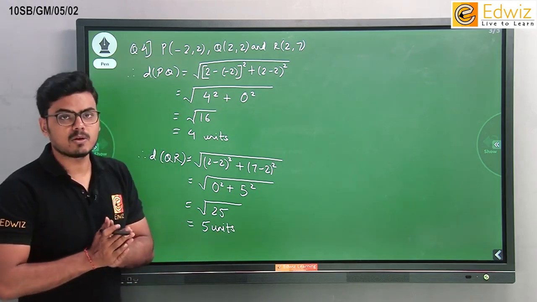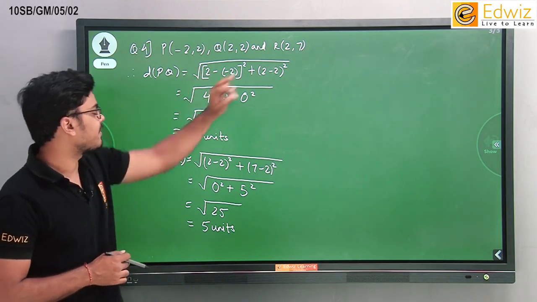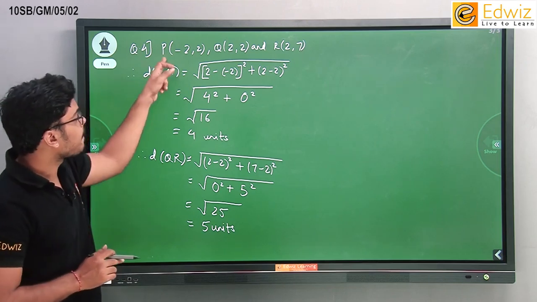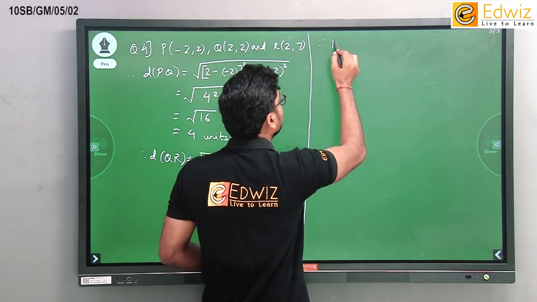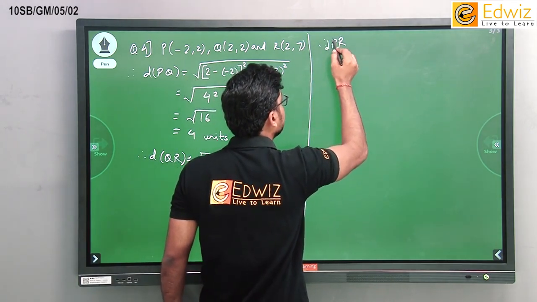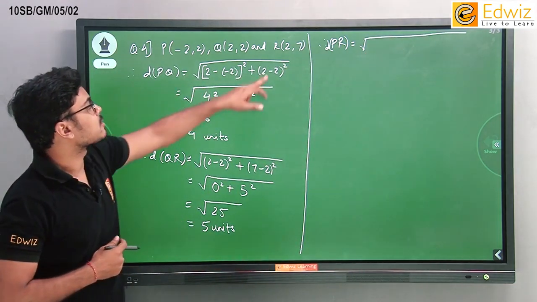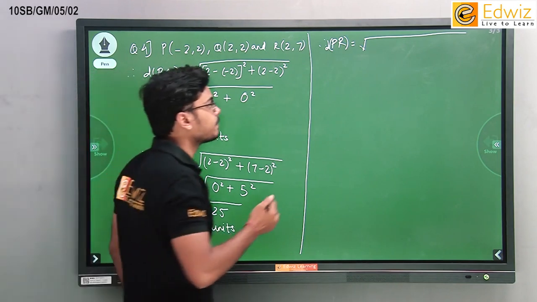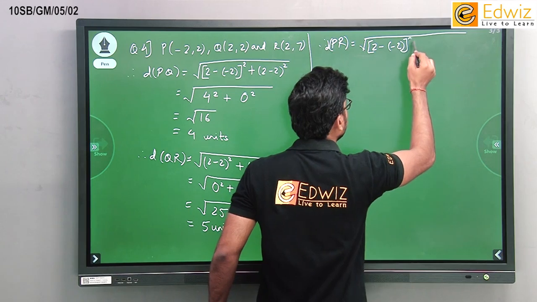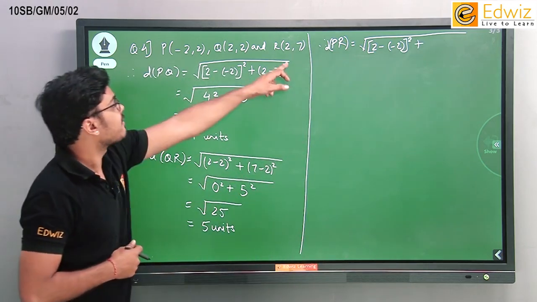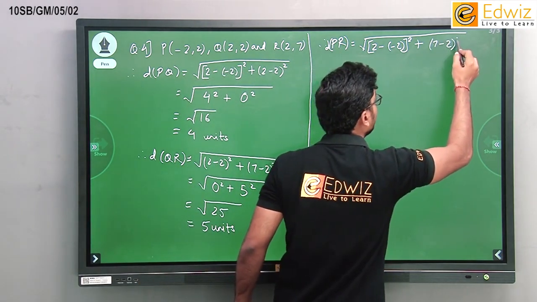अभी जो third distance find out करना बाकी है, let us find out that. PQ find out किया, it is 4 units. QR find out किया, it is 5 units. Last is PR. Okay, so distance PR will be equal to square root of x2 minus x1. So 2 minus -2, once again square bracket में 2 minus -2 the whole square plus 7 minus 2 the whole square.